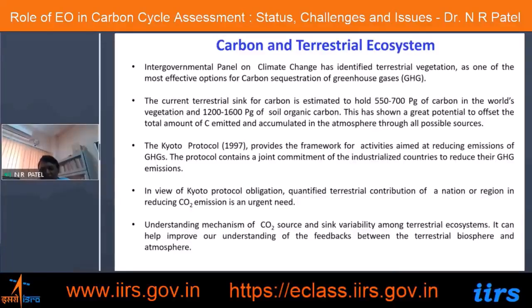In the atmosphere, it is around 750 petagram carbon, and in the ocean it is more than 35,000 petagram carbon. So vegetation has great potential to offset the total amount of carbon which is emitted and accumulated through all possible sources.